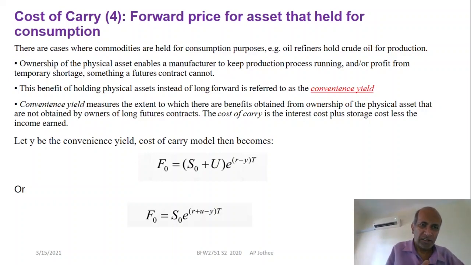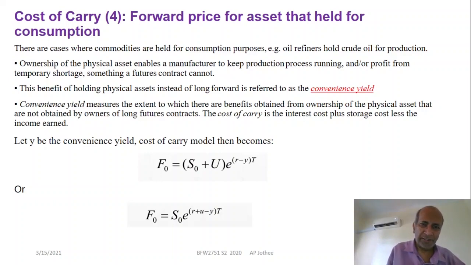There are cases where commodities are held for consumption purposes. For example, oil refiners hold crude oil for production, or even like Air Asia, they book a few barrels of jet fuel in forward and start using it little by little as they fly.